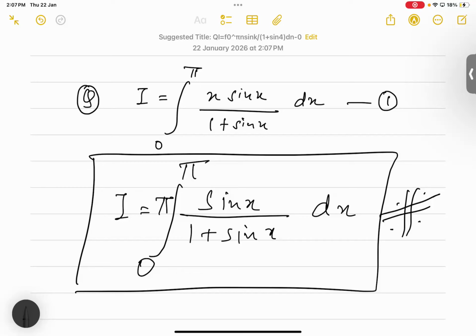But then this will be 2i, okay? This will be 2i. This step which I have boxed, that you get after adding 1 and 2 and after simplification.